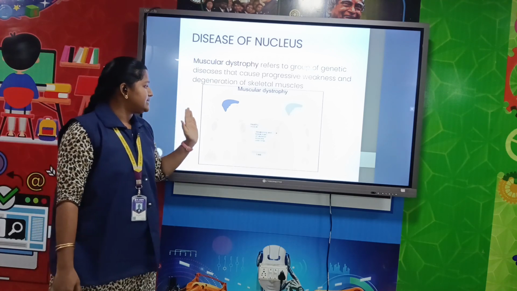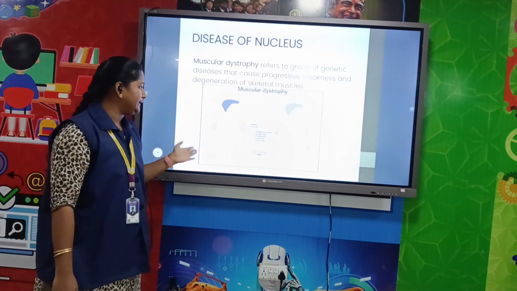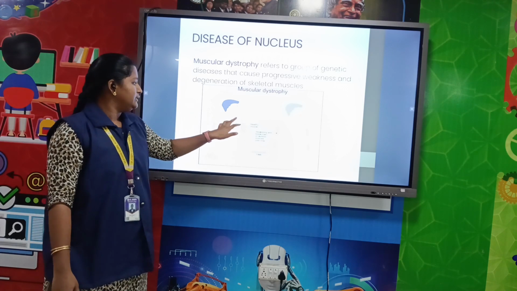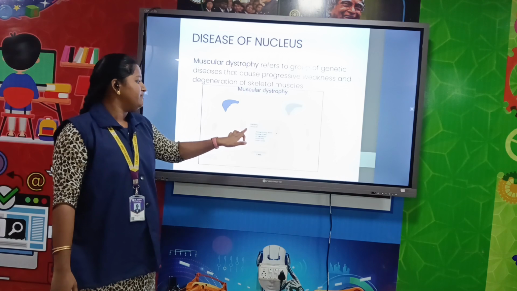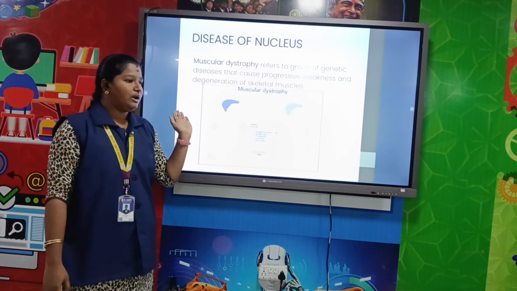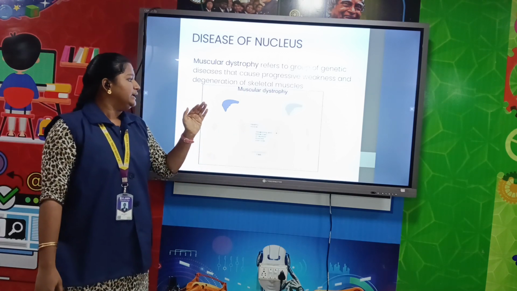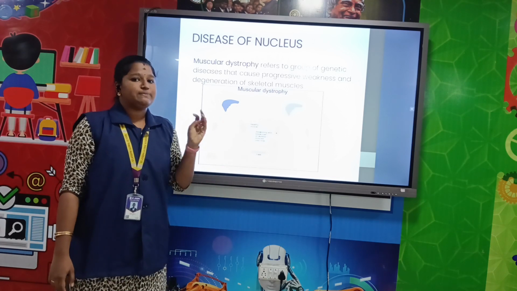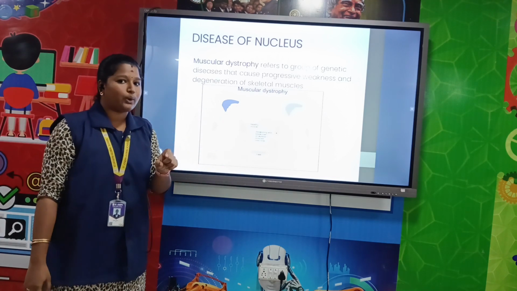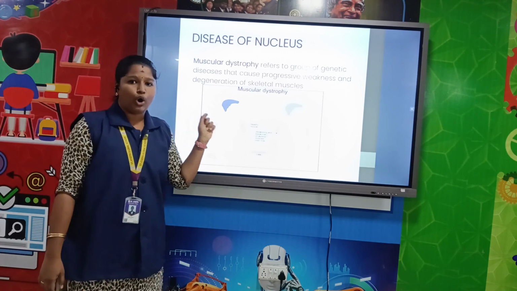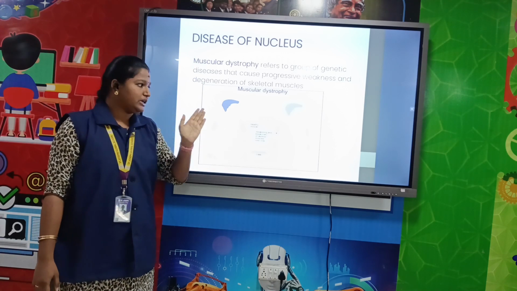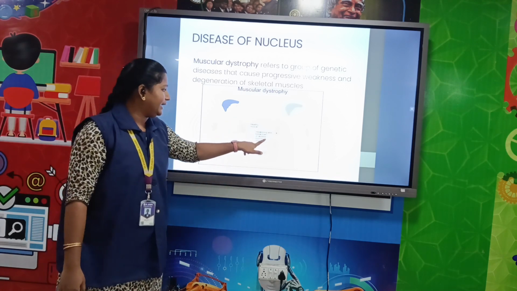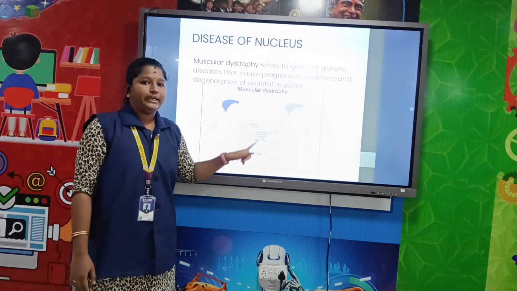This diagram shows a healthy person carrying the proteins, the healthy region, denoted by the red color. If there is any change in the protein, especially in the nuclear pore complex, whenever protein molecules go into the nuclear pore complex and there is a change, at that time the muscles get weakened.